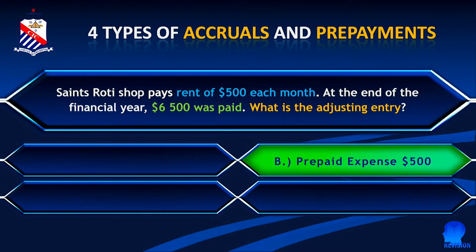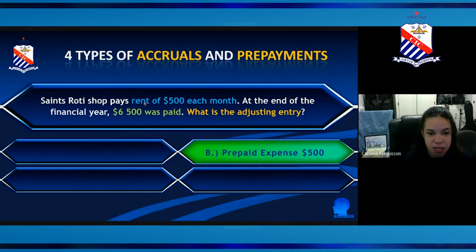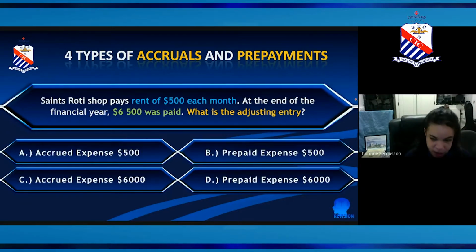So just to go through, remember the 2 things that you're going to be comparing would be the amount incurred and the amount paid. First of all, rent is what? It's an expense. So let's just go back a bit. You can see here, rent, expense. You will look at your options, and in this case, all of your options were expenses, so you don't get to eliminate anyone.